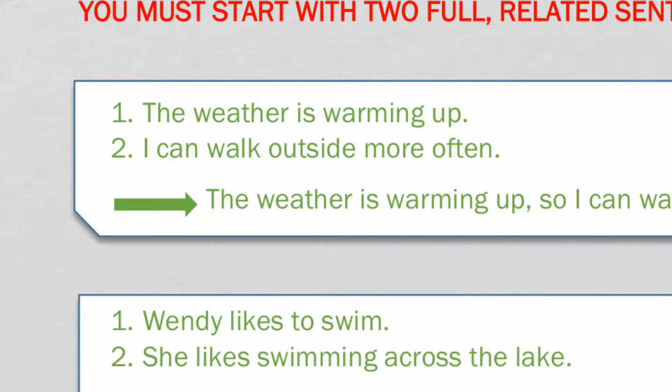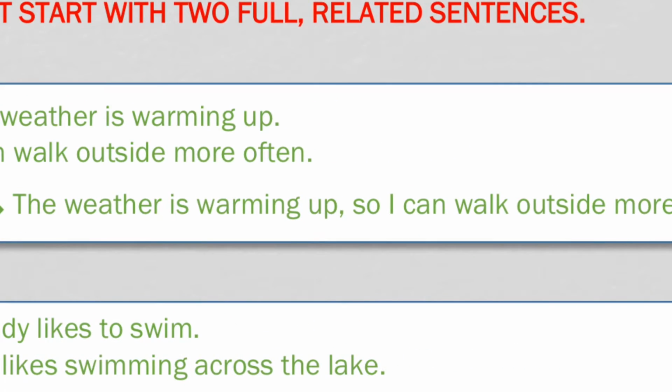Second sentence, I can walk outside more often. Those two sentences are related to each other. They fit together, or they could fit together. We just need a comma, all right, and we need something called a coordinating conjunction.